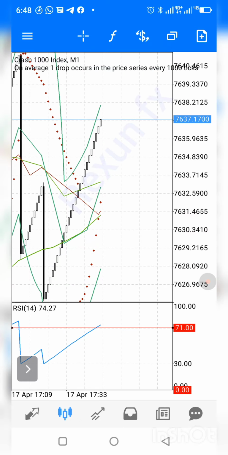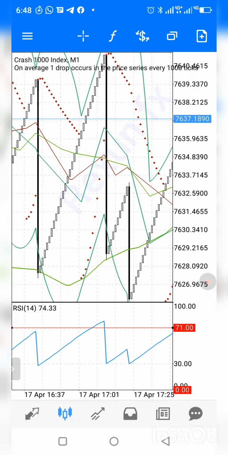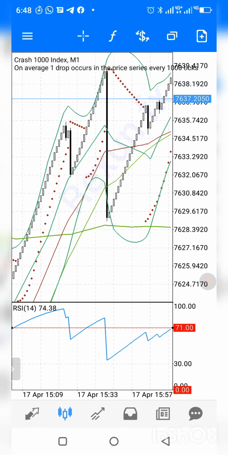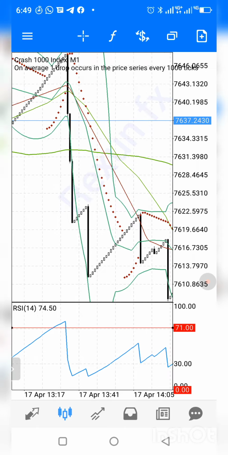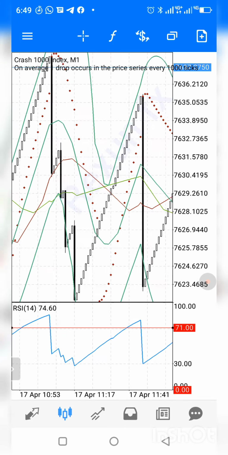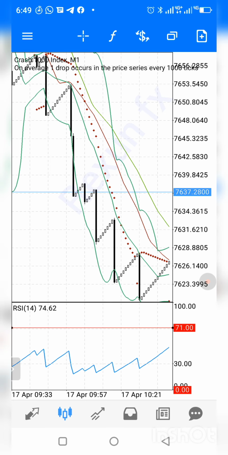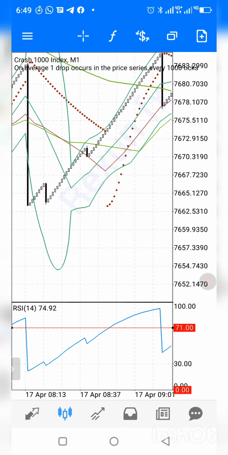Crash 1000 is a very good instrument, an instrument that you can hardly lose in if you follow suit with the strategy that you are using, while keeping safe by using your RSI, and just being patient and waiting for it to go at least above 99 points, 99 and above.